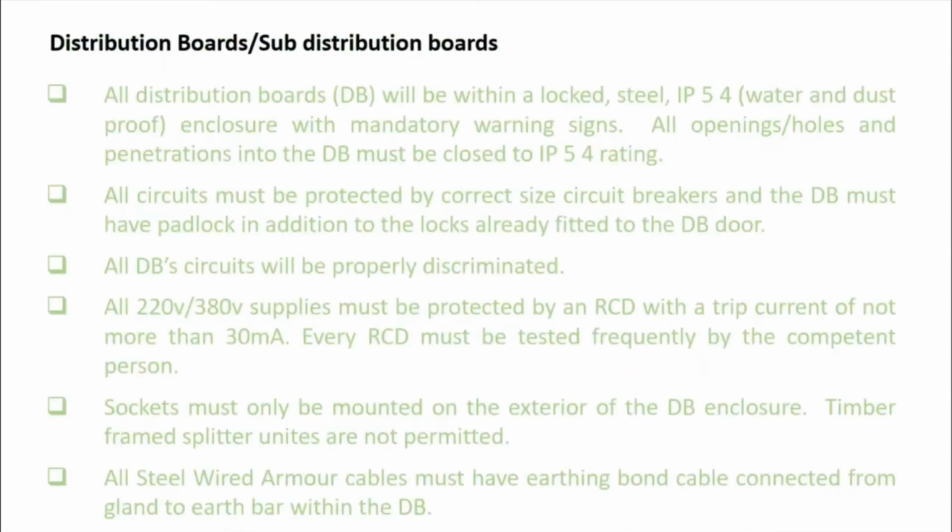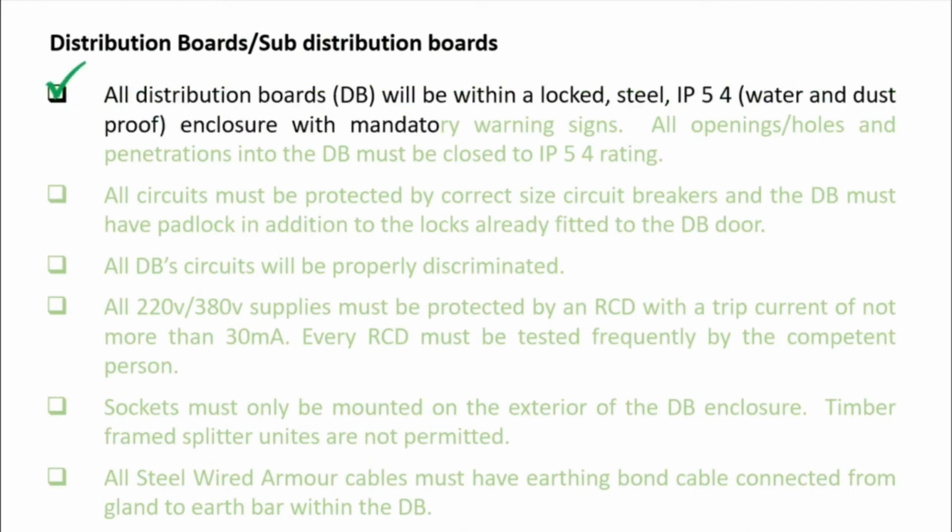Distribution boards. All distribution boards or DB will be lockable, steel, IP54, water and dust proof, enclosed with mandatory warning signs. All openings, holes, and penetrations into the DB must be closed to IP54 rating.